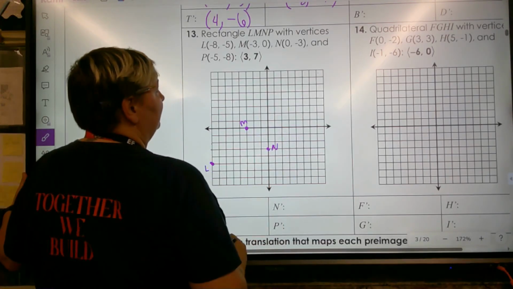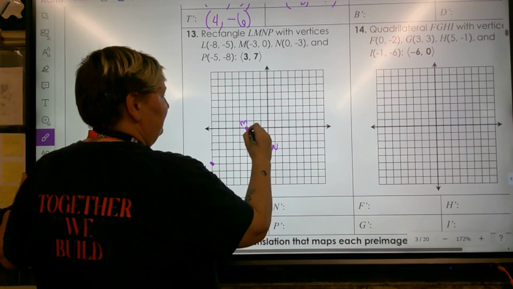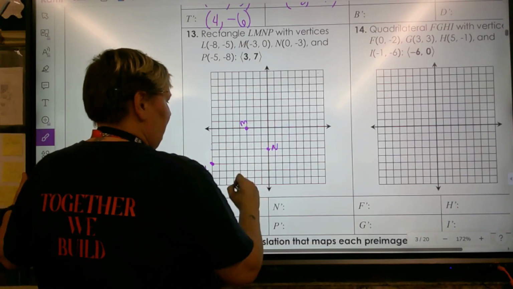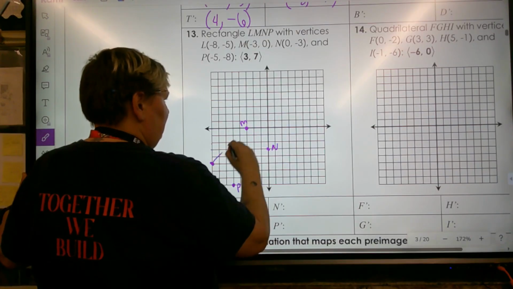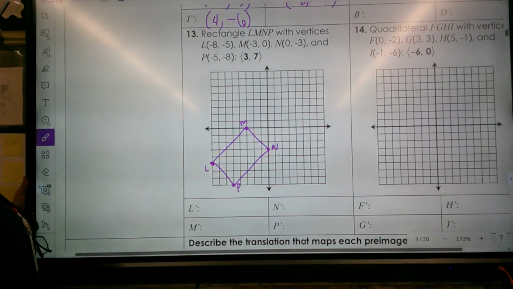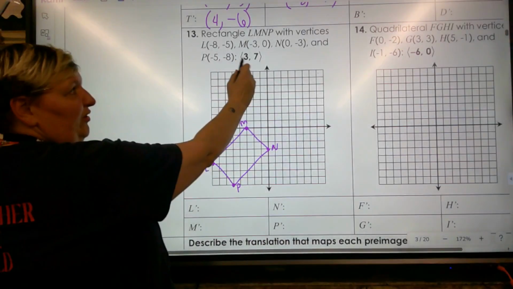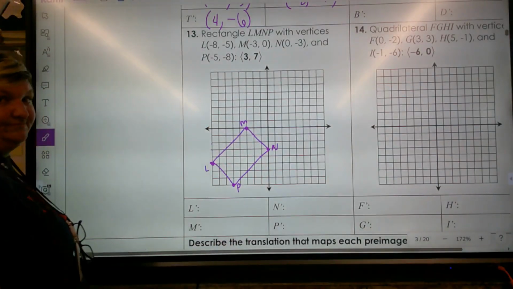And P is -5, 8. And this is P. And this is our pre-image. They're both positive. So we're going right 3, up 7.